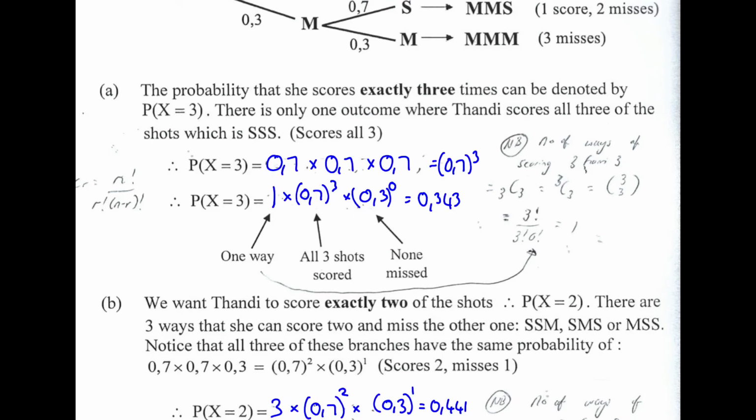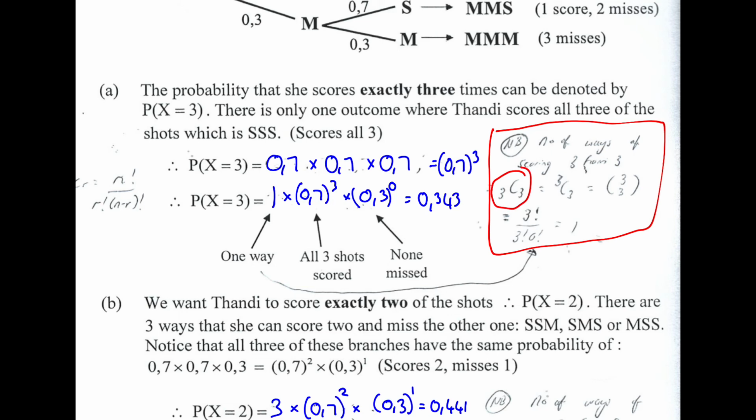Just to go back to page 123 that had the tree diagram at the top. I said I'm going to come back to these things in handwriting here. So we can either write 3 choose 3 like that, and we write it like that because we use the calculator button.